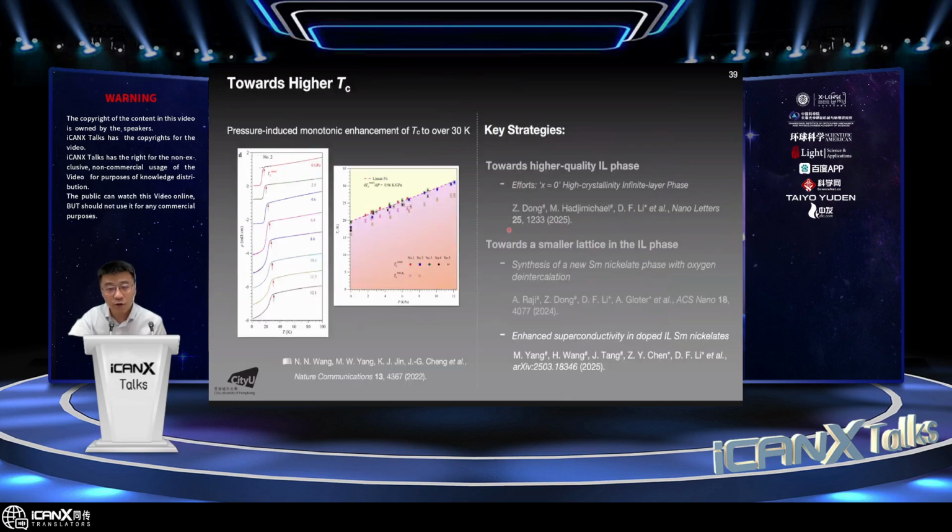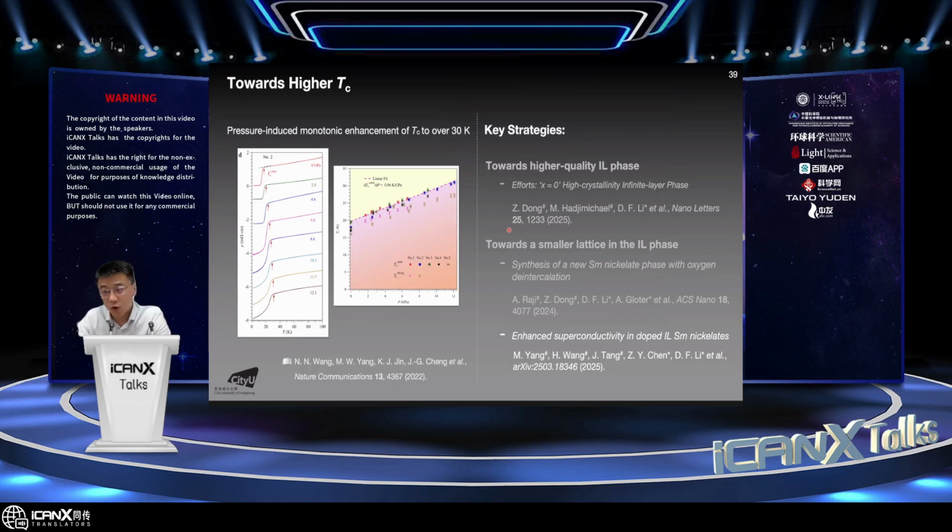So the reason for that actually is that once you improve the material quality or crystallinity, it becomes very difficult to remove oxygen from these materials. Don't forget that the only way so far to synthesize these materials is that we need to remove these oxygen blocks from the materials.